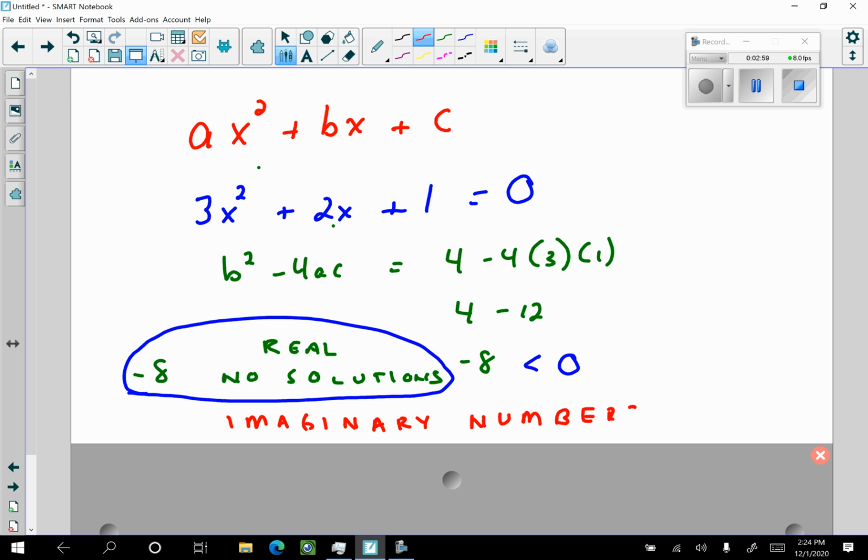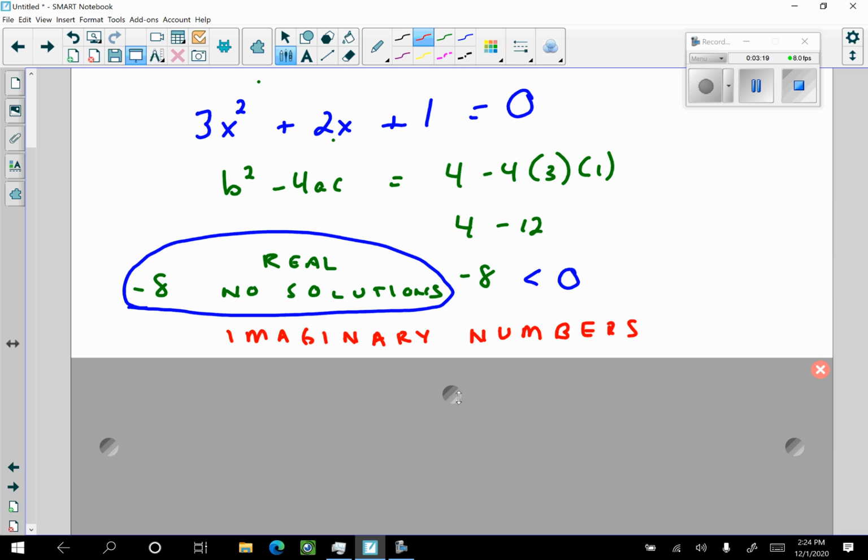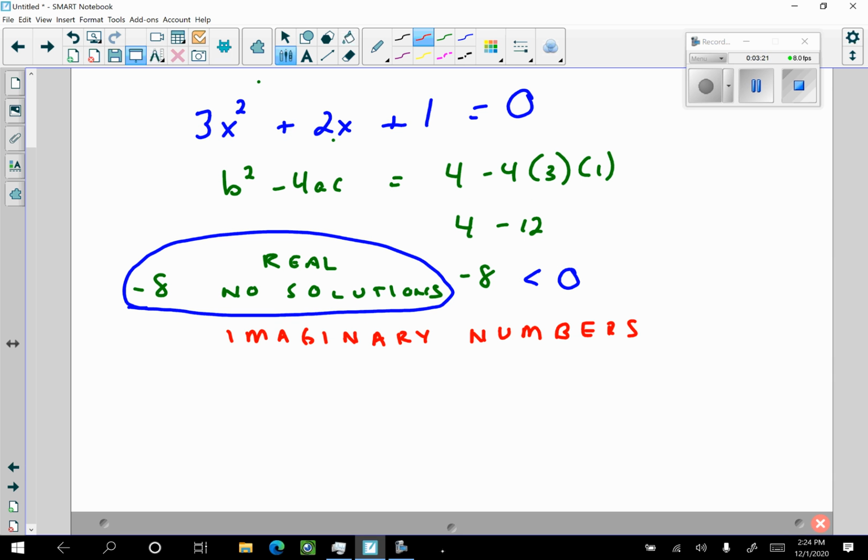There are whole disciplines called complex analysis, which analyzes complex numbers. A complex number has a real part and an imaginary part. All we're talking about today is the imaginary part. And what is the imaginary number?